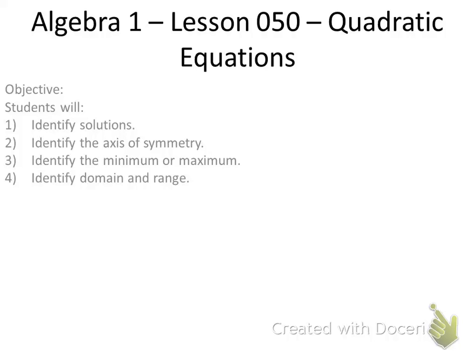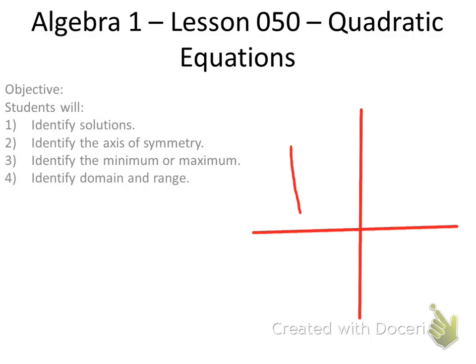So let's pretend that we had our graph. Say we had our x and our y axis, okay? I'm just going really quick here. Let's say you drew your parabola. Let's say your vertex was here at -1, -2.